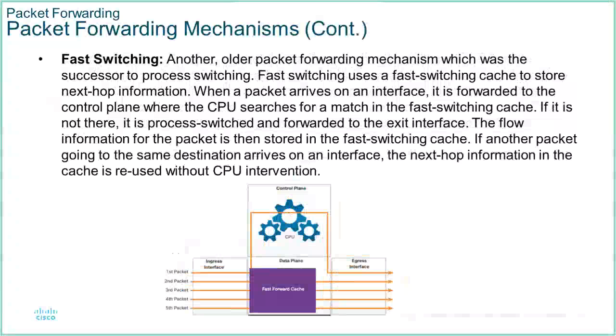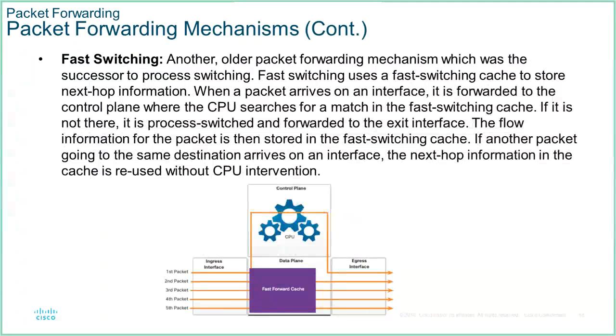Now, fast forwarding or fast switching is a mechanism where it goes, I'll only calculate this for the very first packet. So the first packet comes in, it gets passed up to the control plane and determines its exit interface.